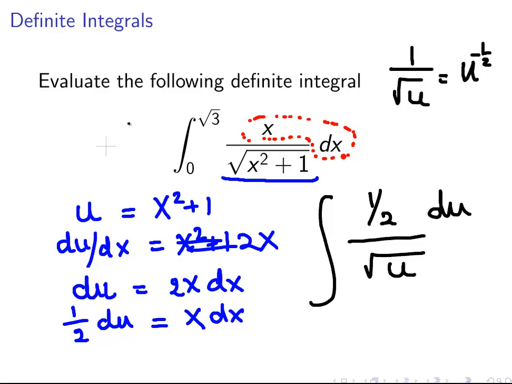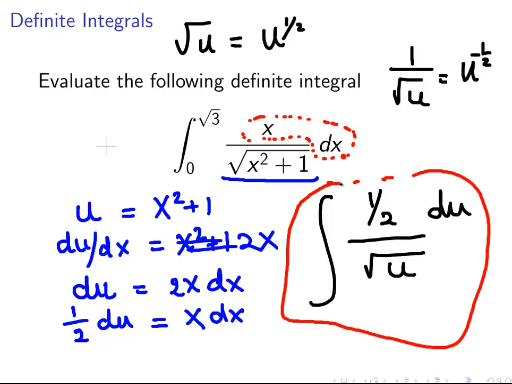Square root of u can also be written as u to the power of 1/2. So this expression is far simpler to work with.